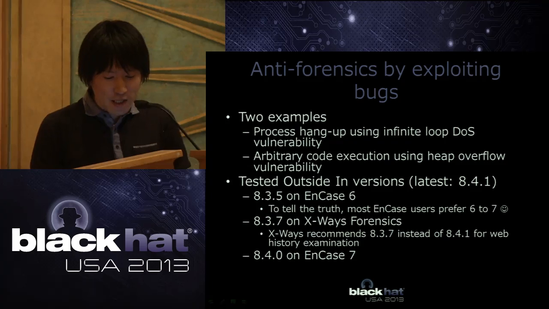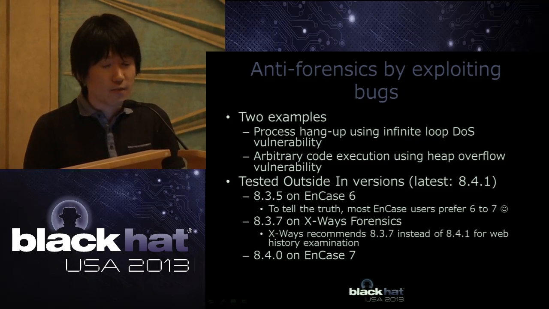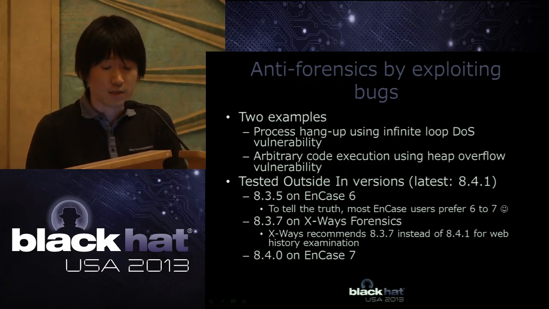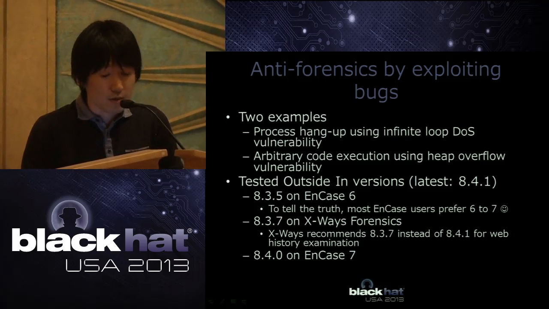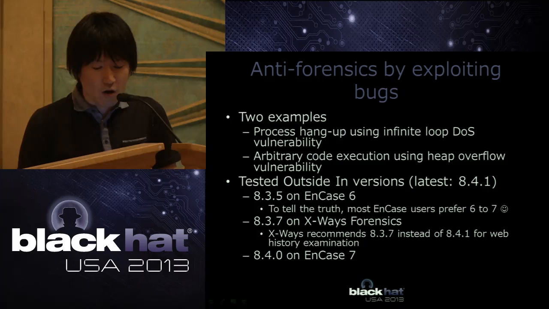Anyway, if you install EnCase 6, Outside In 8.3.5 will be installed by default. In case of version 7, 8.4.0 is installed. On the other hand, we can select 8.3.7 or 8.4.1 in the installation of X-Ways Forensics. But X-Ways recommends 8.3.7 for web history examination because the HTML preview function of Index does not work in the latest version. That's why I selected 8.3.7 for testing.